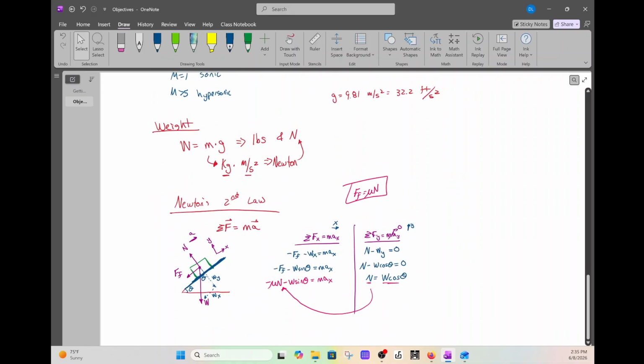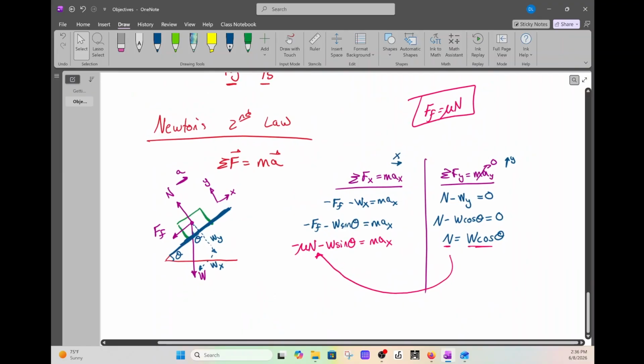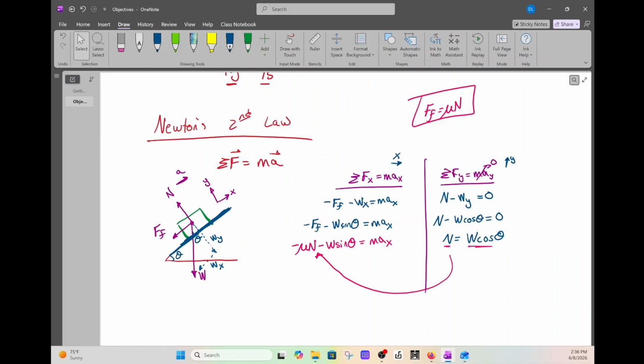Make sure your units are important. You're using SI units or English units. Weight is a force. That's mass times gravity. That's the easiest way to remember a Newton, which is a force in SI. Then just a quick review from physics about Newton's second law. We have the sum of the forces equals ma.